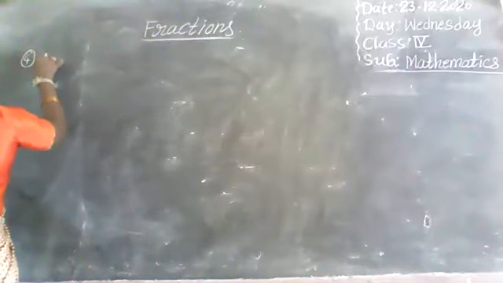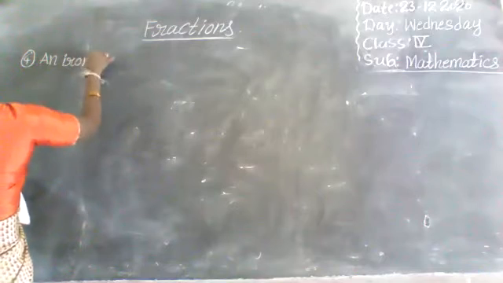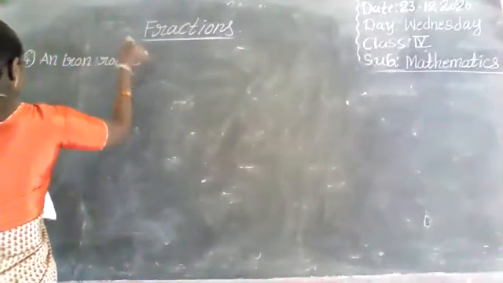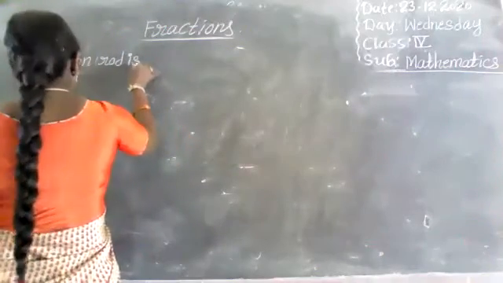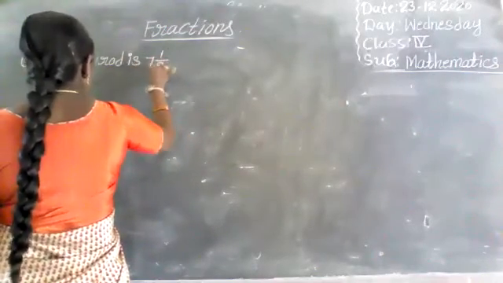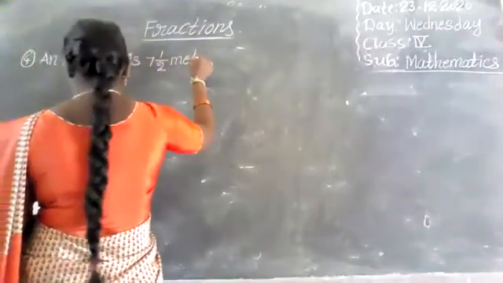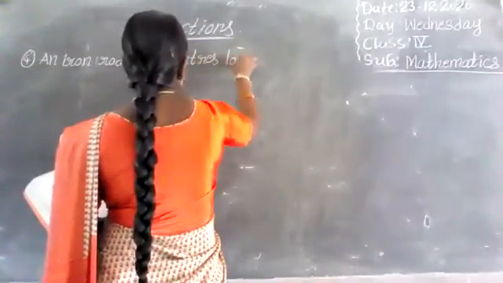An iron rod is 7 whole 1 by 2 meters long.